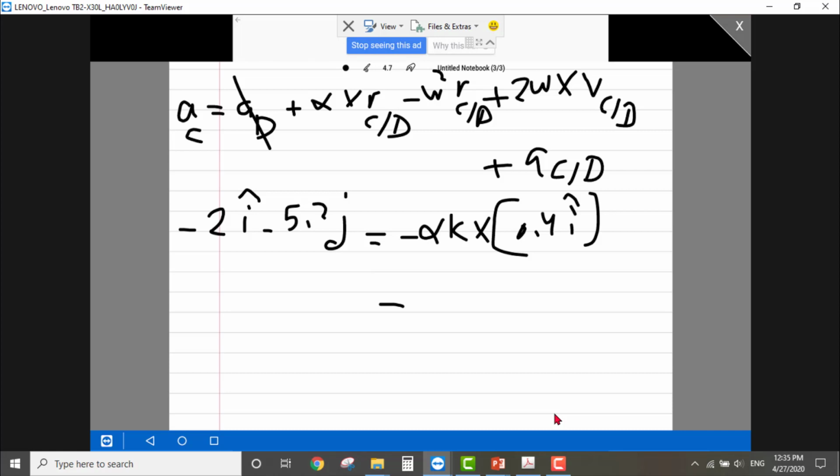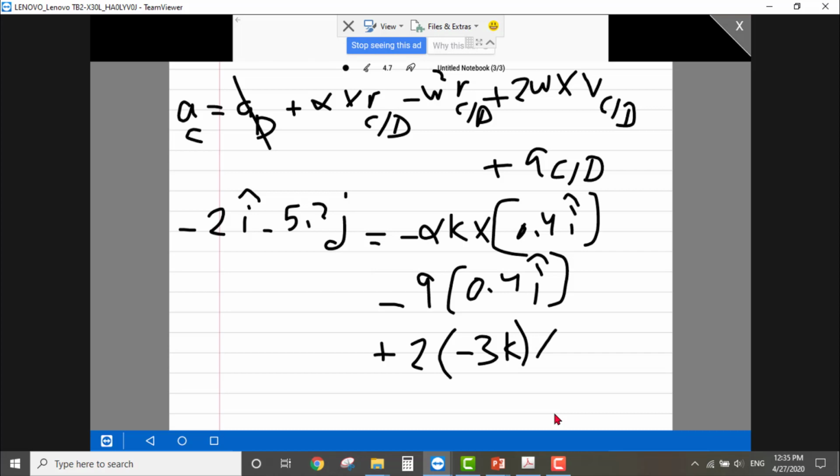Minus omega squared; we could find omega in the previous velocity equation solution, so it is 9 times 0.4 in the I direction, plus 2 multiplied by omega, which we found is 3 clockwise, so I will substitute minus 3K cross product VCD.